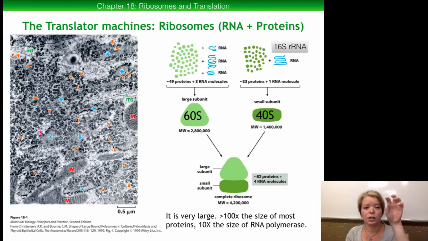But the tRNA is also a substrate in the reaction because it changes. It comes in charged with amino acid and leaves empty. It has lost the amino acid that has been attached to the polypeptide chain.